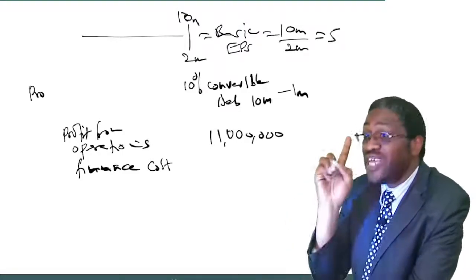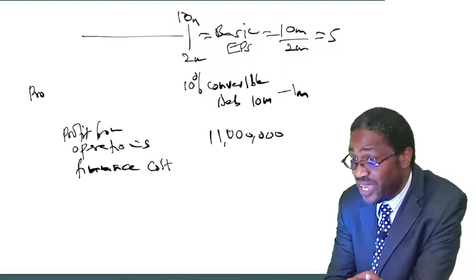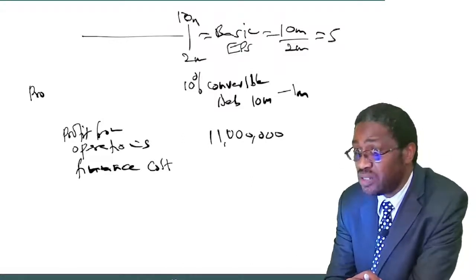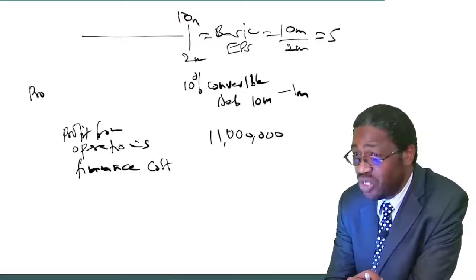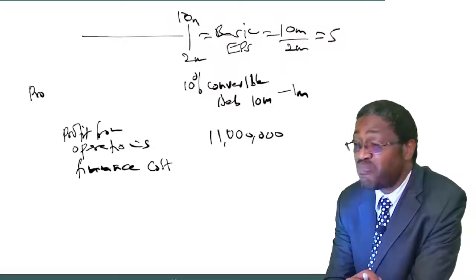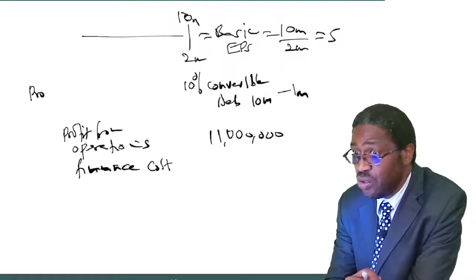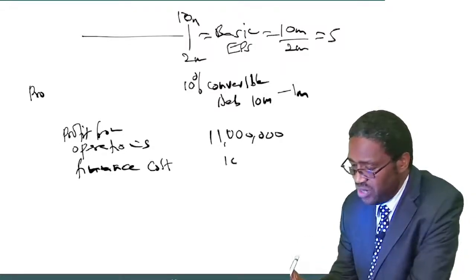Finance cost is the interest your company paid. Don't forget, your company has a 10% convertible debenture worth 10 million. So this year, the company must have paid interest of 1 million.